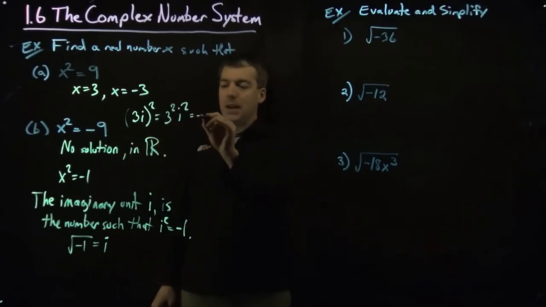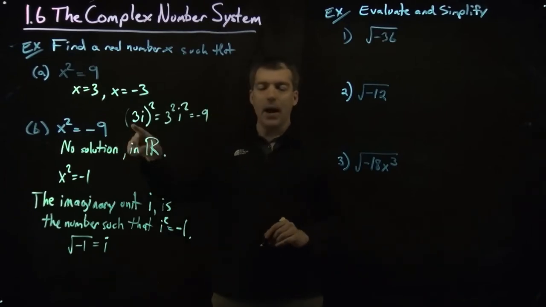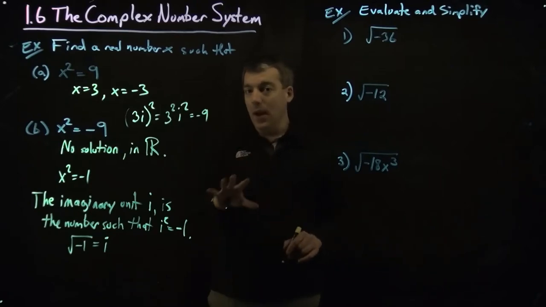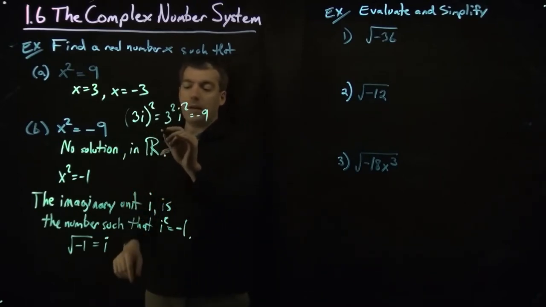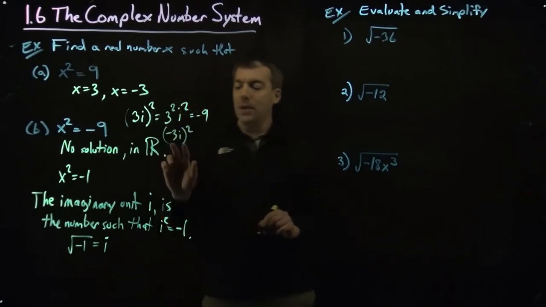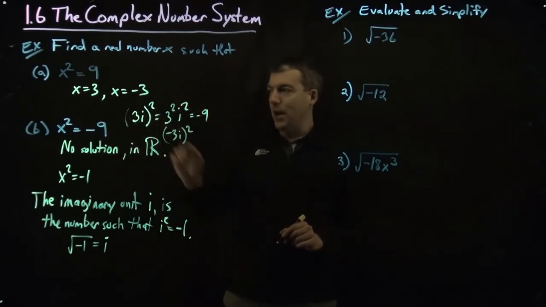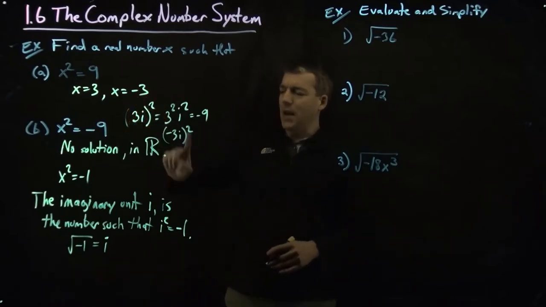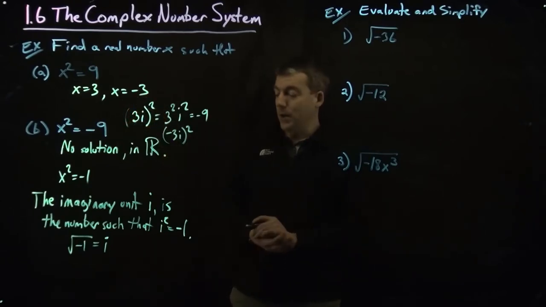So this becomes negative 9, and so 3i is a solution to this equation. And we also have the other one, negative 3i. Negative 3i squared would also give us negative 9, for the same reason. If we multiply negative 3 by itself, we get a positive 9, and then i squared is negative 1.